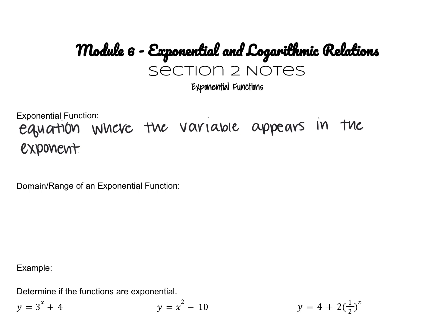So typically we write an exponential function as f of x equals a times b to the x plus c. And b does have to be greater than 0. So your base number can never be negative.